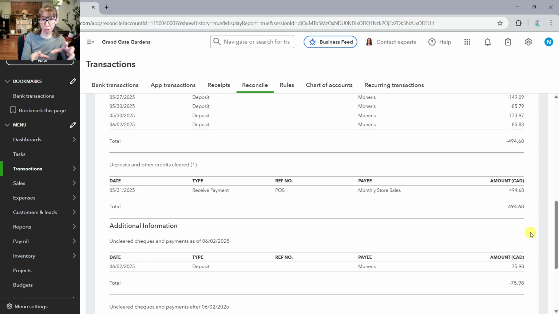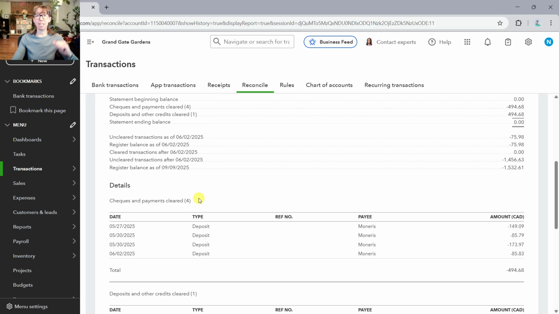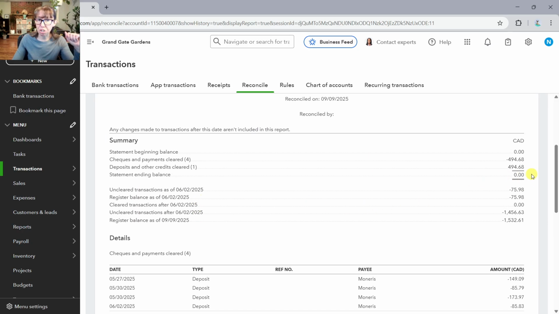Now, this works when your debit credit processor splits up the June 2nd deposit, right? So if it's putting in the May 31st deposit separately from the June 1st deposit on June 2nd, we can then do a statement ending balance of 0.